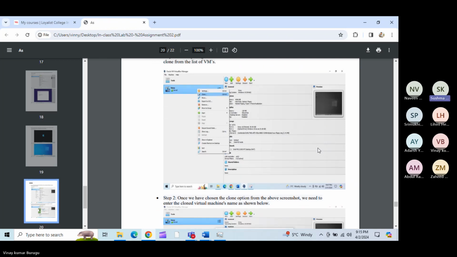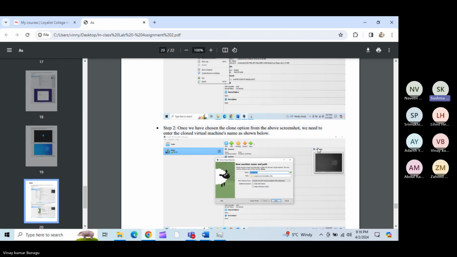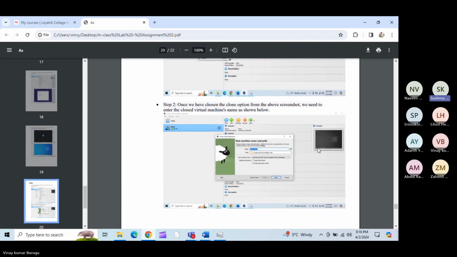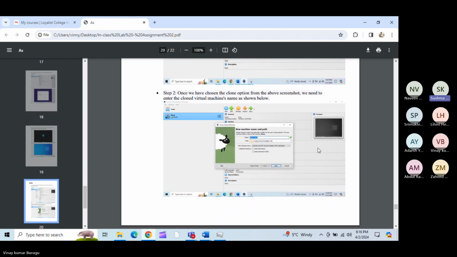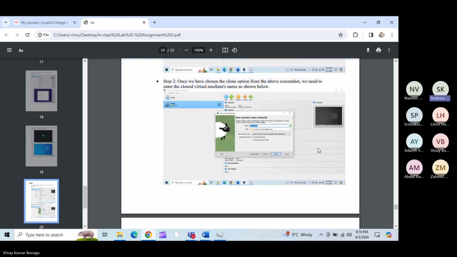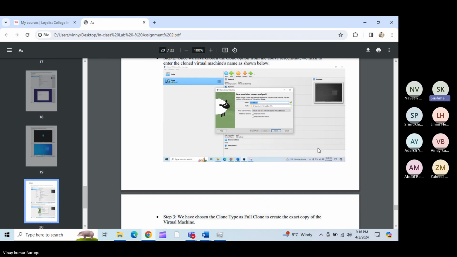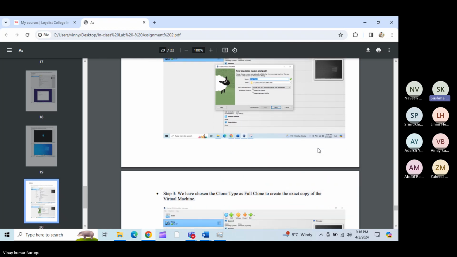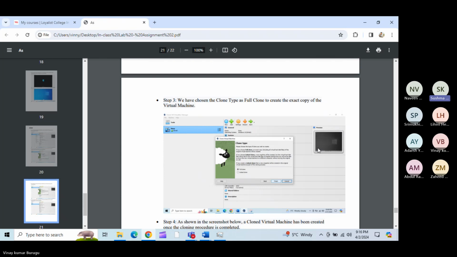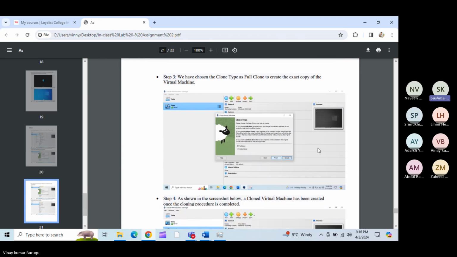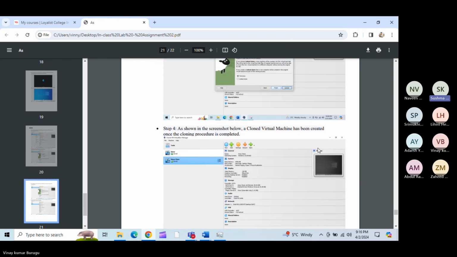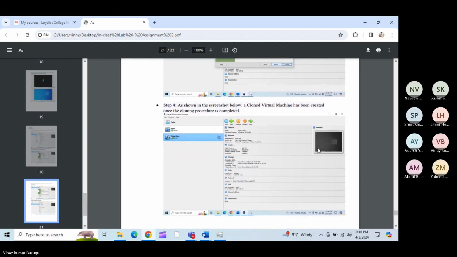After that, once we have chosen the clone option from the above screenshot, we need to enter the clone virtual machine name, such as Group B clone, because we are Group B. After that, we have chosen the clone type as full clone to create the exact copy of the virtual machine. As shown in the screenshot below, a cloned virtual machine has been created once the cloning procedure is completed.